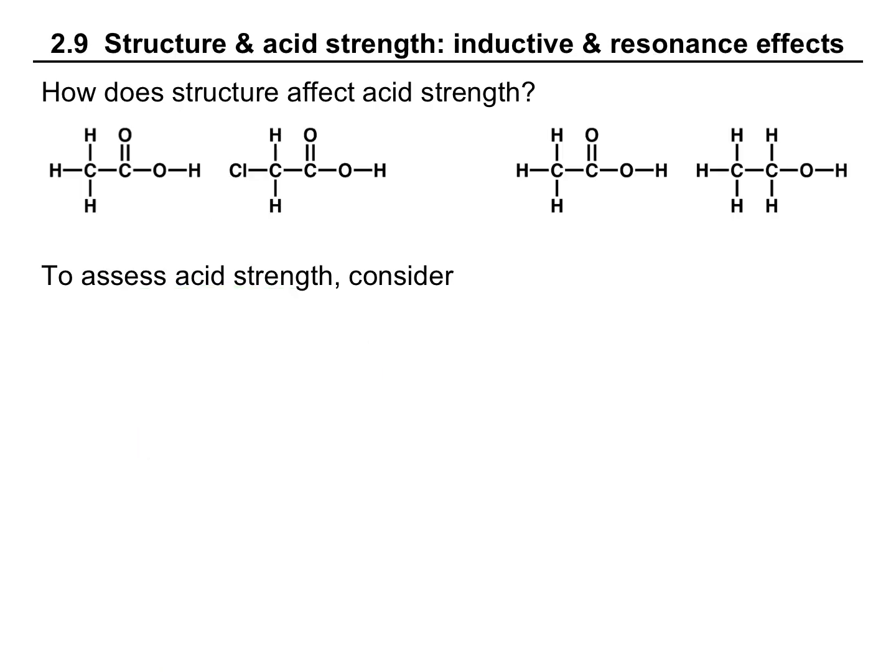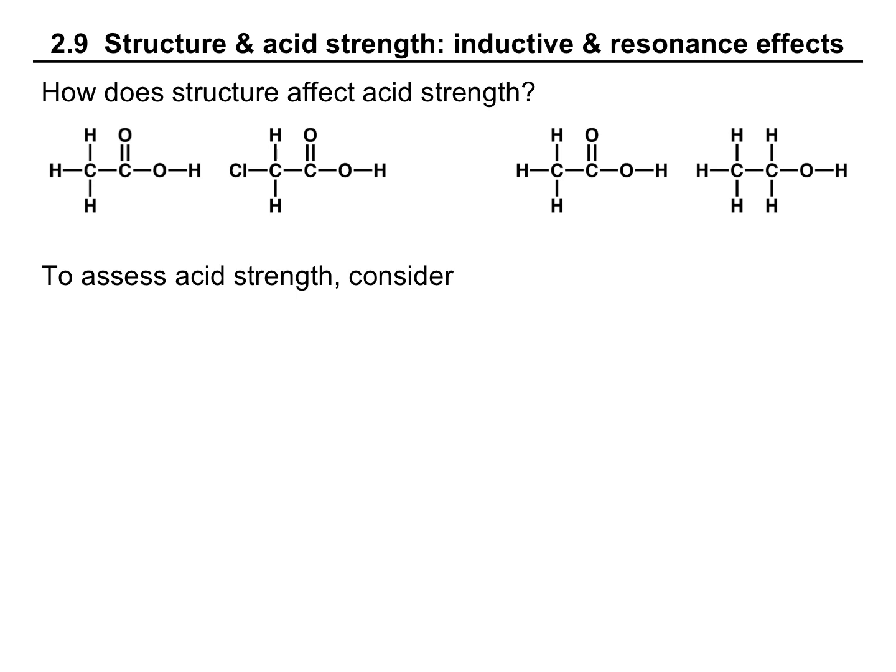So far, we've been comparing structure and acid strength, making comparisons either across or down the periodic table. But if we look at these examples, our most acidic hydrogen is connected to, in this case, oxygen, in this case, oxygen. So they're connected to the same element. So we're not comparing across or down the periodic table.